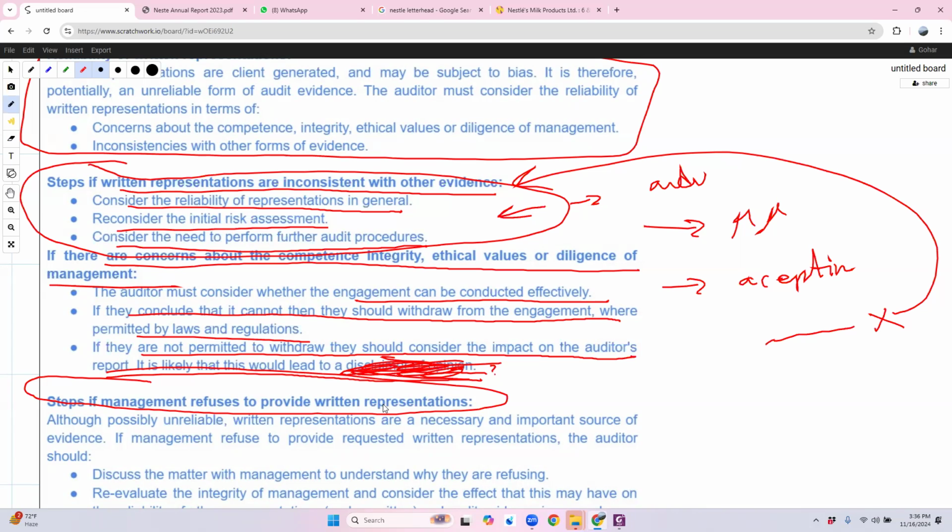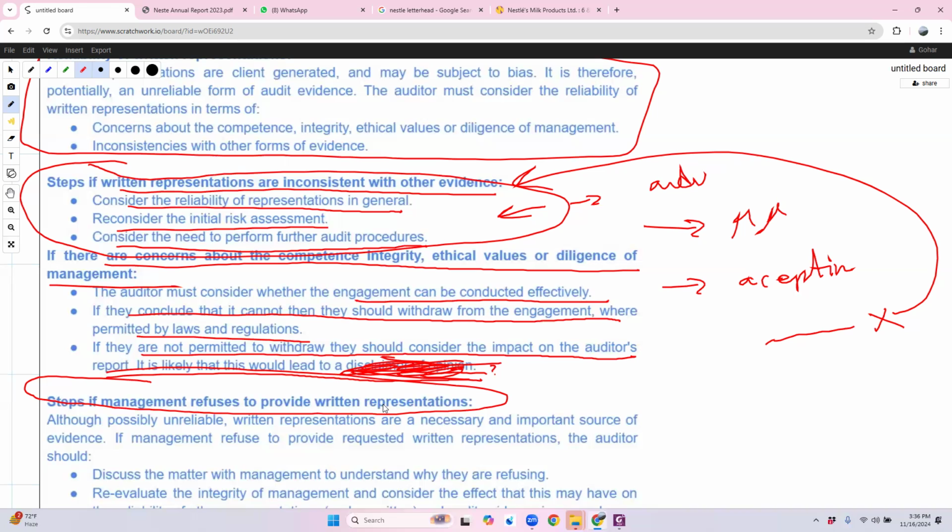If the management is a liar management, they would just directly sign this written representation. They would not care about the fact that they are signing something. They would lie even upon the written representations. You cannot rely upon a management whose integrity is in question. So if that is the case, you might need to withdraw from this engagement. You might have to resign as an auditor of this company, because you cannot then rely upon anything.